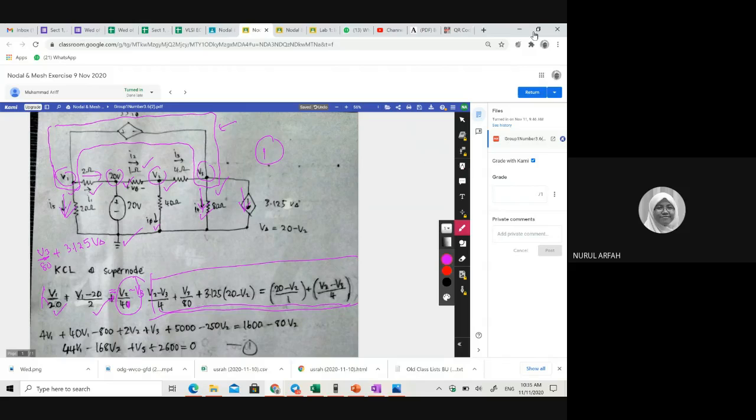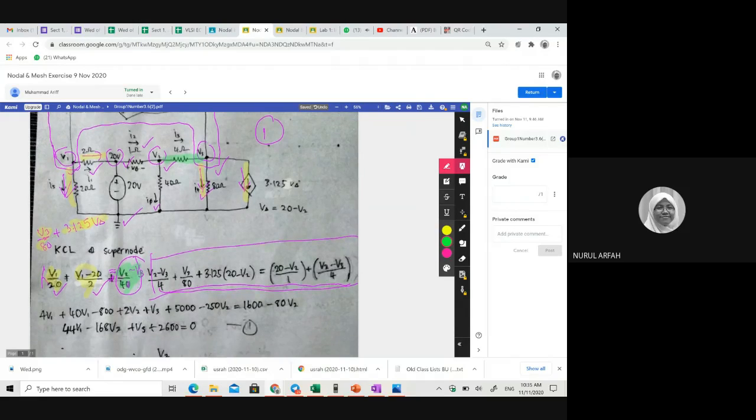Maybe I should point with this color. 1, 2, 3, and 4. And then this is equal to the entering. This is entering. Okay, good.